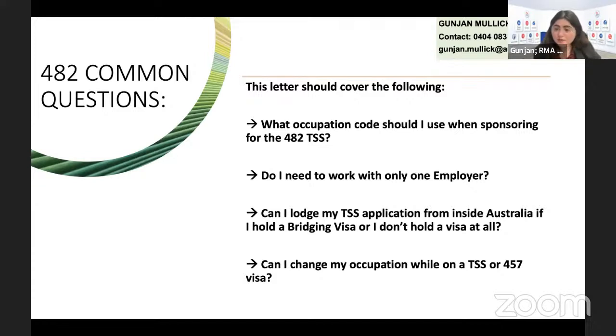If you've lodged a 190 visa and you meet the criteria, nowhere in the regulation does it say that if you have lodged a 482 application, you may not be granted a 190. It's not anywhere in the regulation. So you can lodge. Your application may not be jeopardized just because you've lodged a 482 visa.